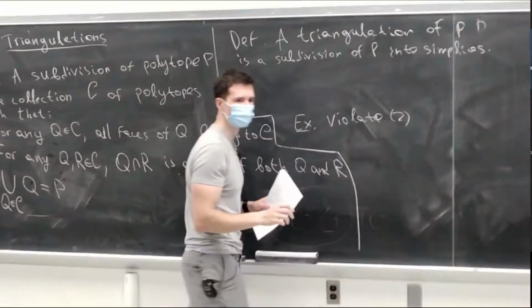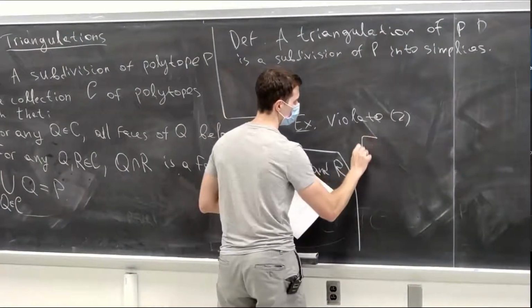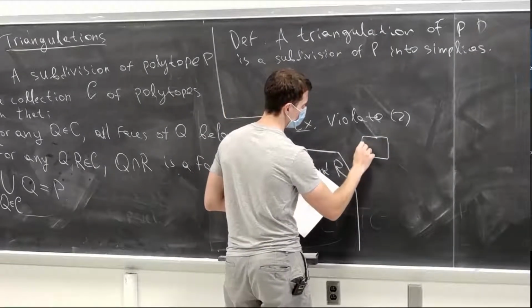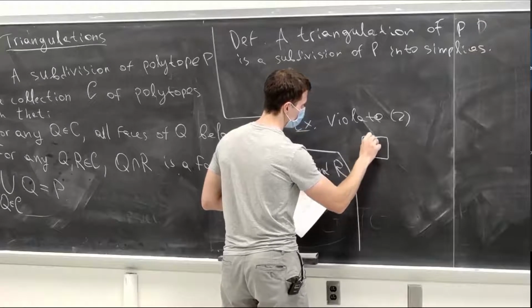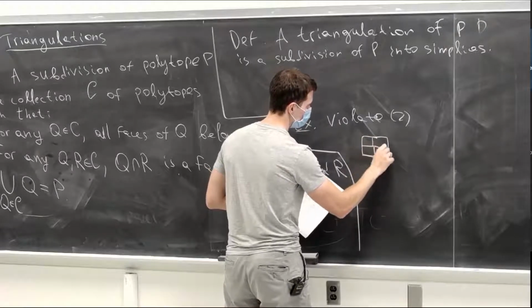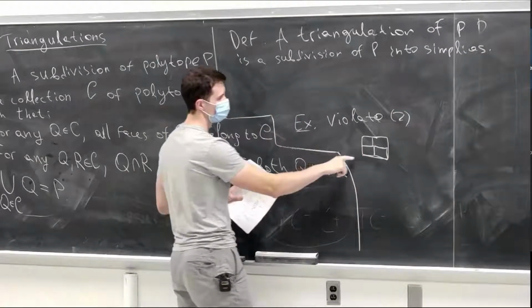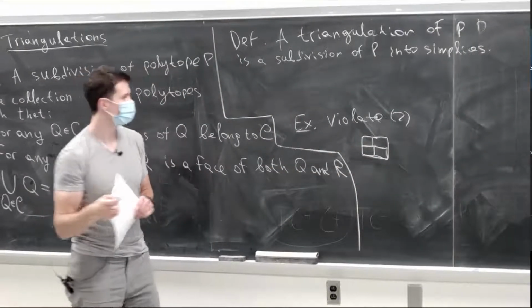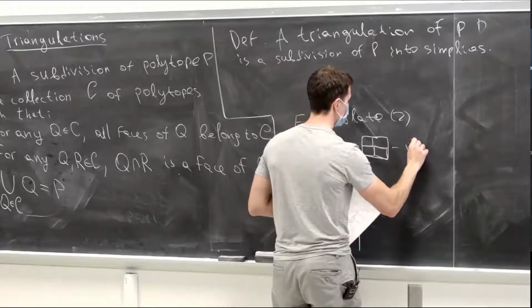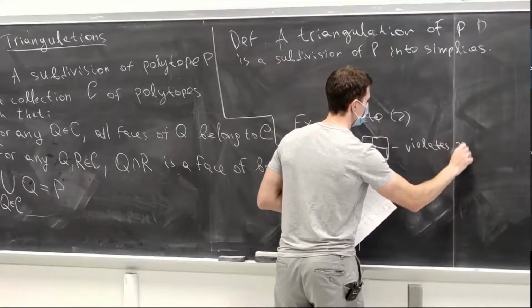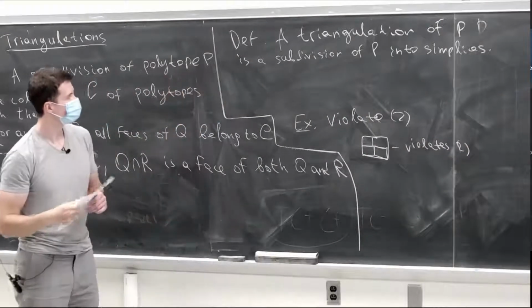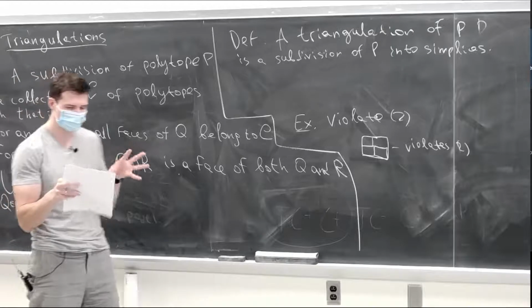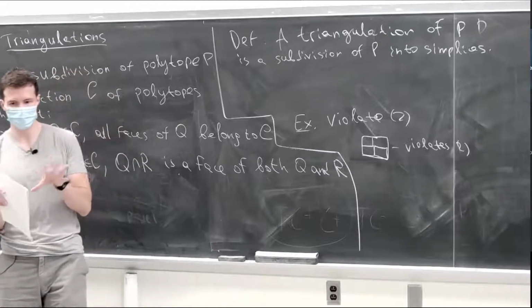You're saying 2 squares, something like this. So if C consists of 5 squares, 1 big one and 4 small ones, then this violates 2. What if, let's assume that I have a bunch of top dimensional pieces, as you guessed, such that the interiors don't overlap?